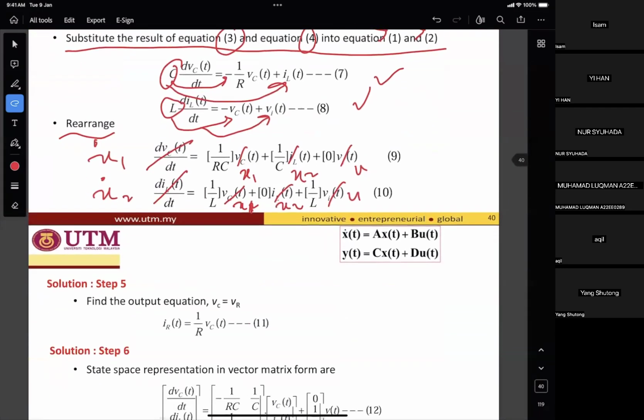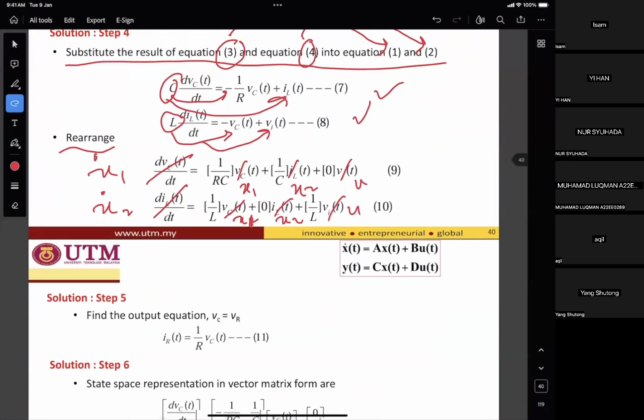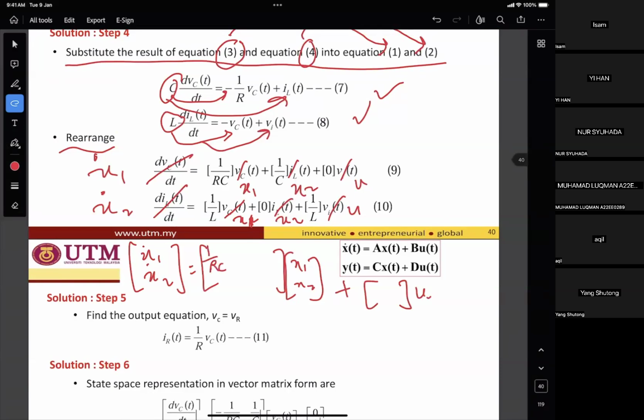So now we already have the matrix, plus U. So this one will be 1 over RC, 1 over C, 1 over L. This one is 0, and this one is 0, 1 over L.